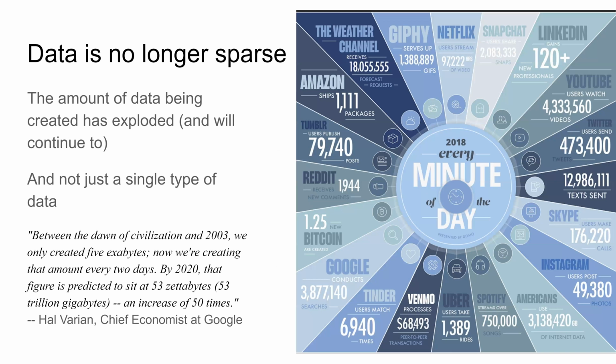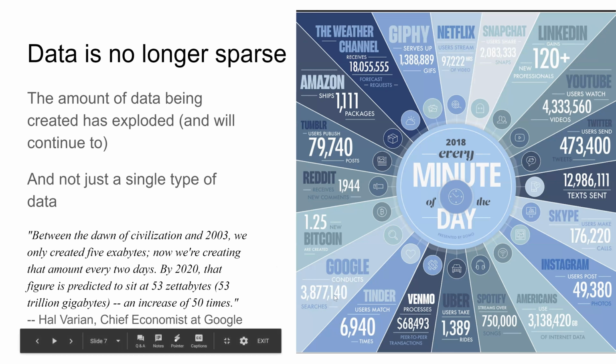And it's not just a single type of data too, right? All these different companies are producing all these different types of data. It's not just purchase data. It's the number of Snapchat shares, or how many LinkedIn individuals create a profile. Google's conducting 3 million searches a minute, or almost 4 million searches a minute.